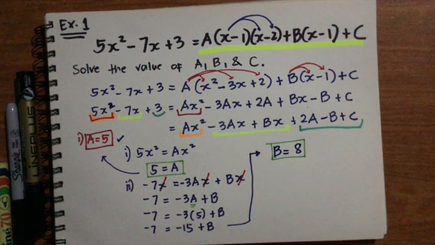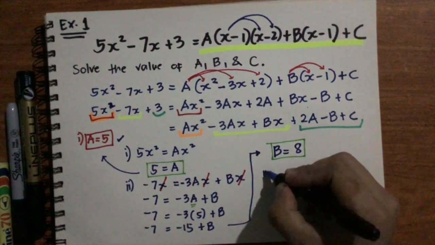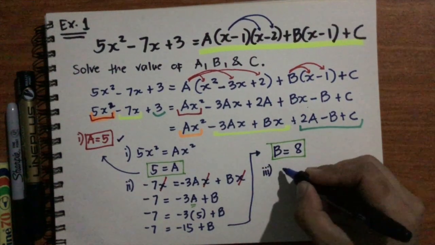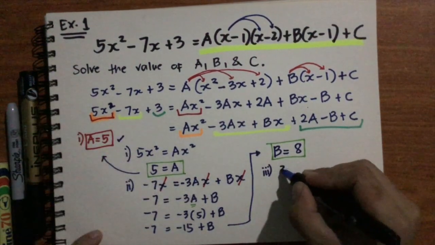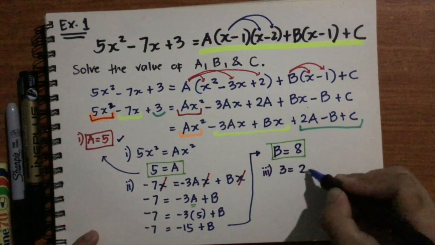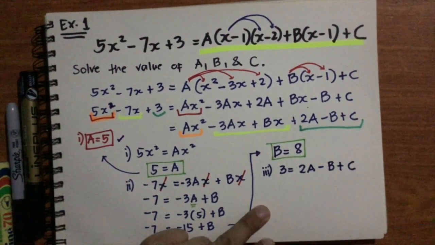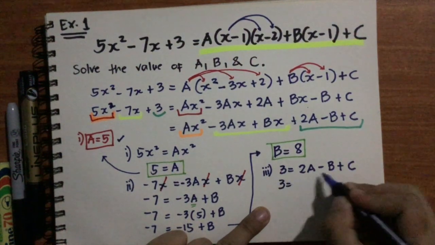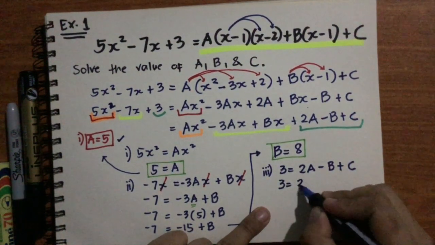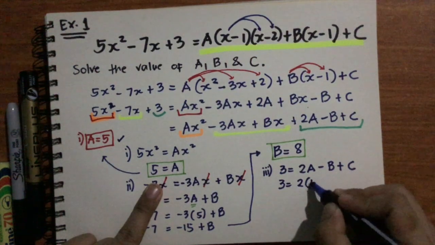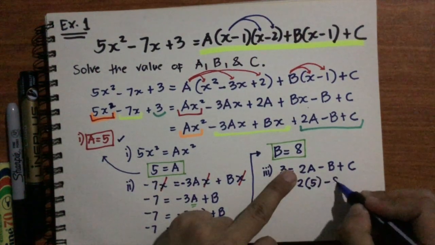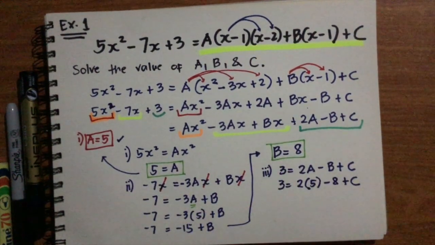And the last one is to combine all the constants. So that means 3 is equal to 2a minus b plus c. Remember that we have the values of a and b already. So that's 2 times 5 minus 8 plus c.